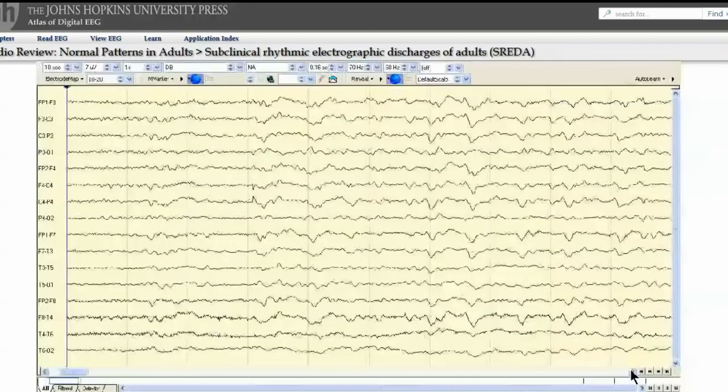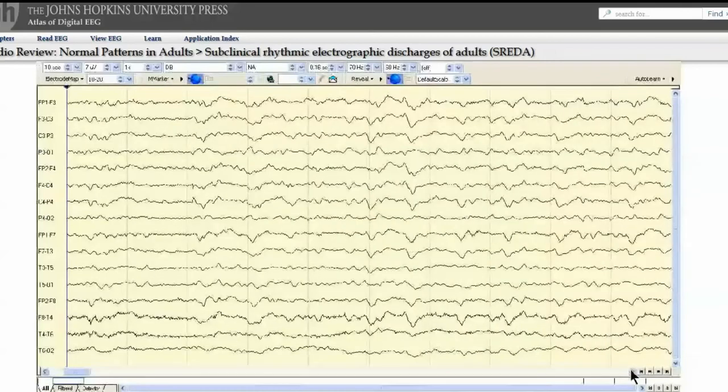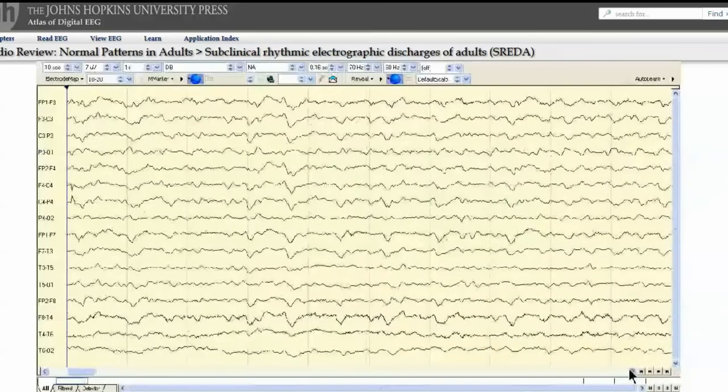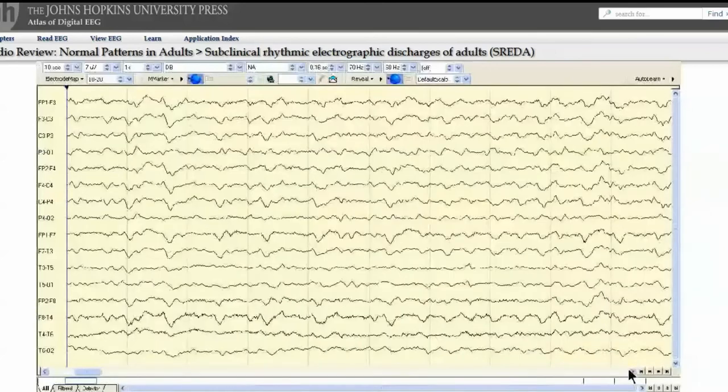As we advance 1 second by 1 second, we can see that this blunted discharge, seen synchronously bilaterally at about 1 per second, will increase in frequency. Here, now to 2 to 3 per second for this 8-second segment.